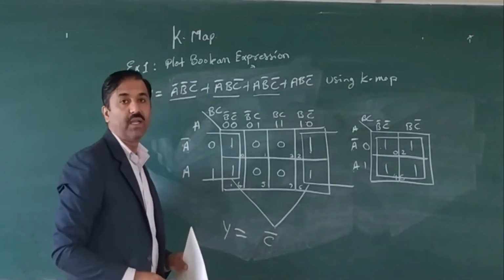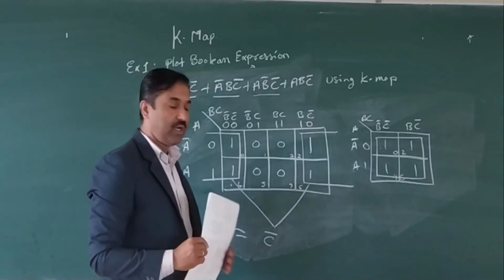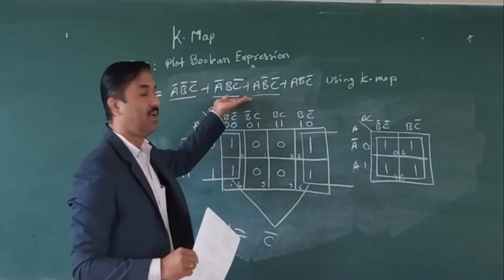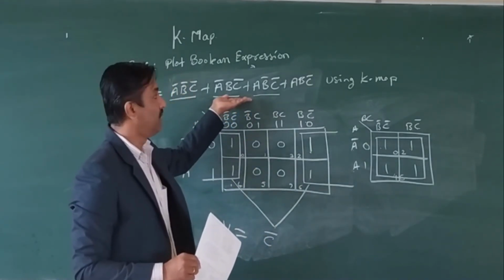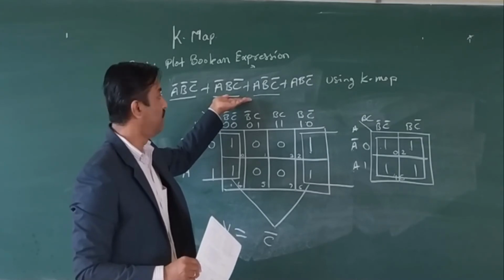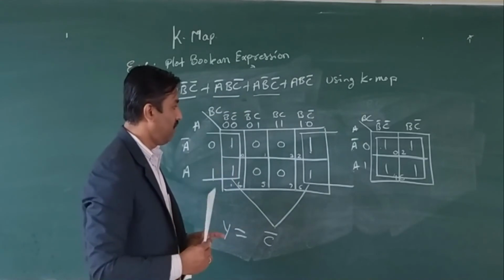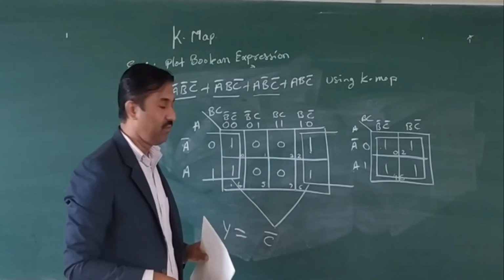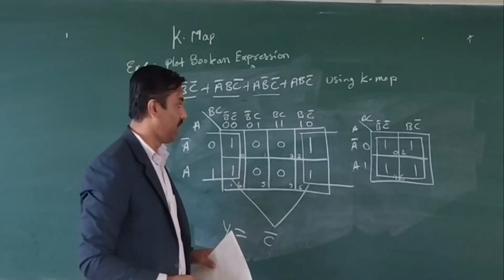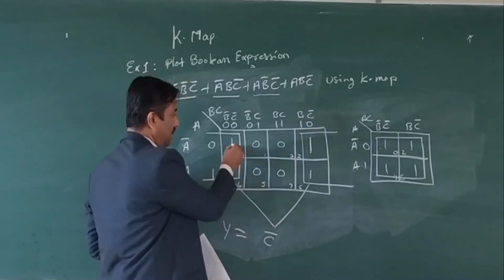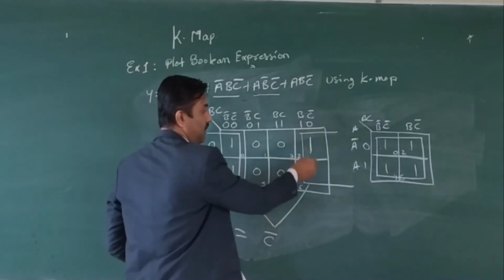This is the final simplified Boolean expression for the given Boolean expression, which we have simplified using K-map. Getting? Now, this is how we solve it. Okay, you have applied folding. Some of you may say that this one is adjacent with this and this one is adjacent with this.